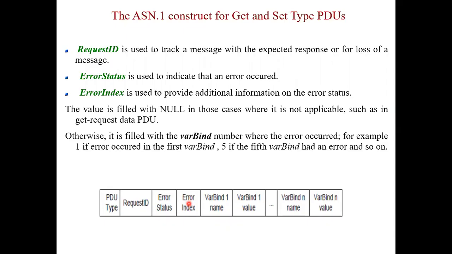So there are different kinds of errors. It not only indicates that there is an error, but also provides some additional information on the error. That is the field that will be filled in the error index.